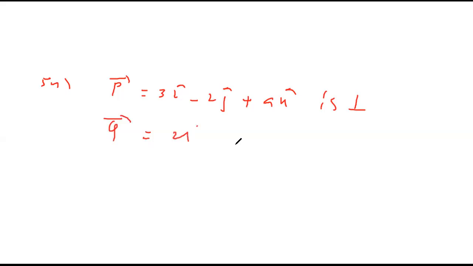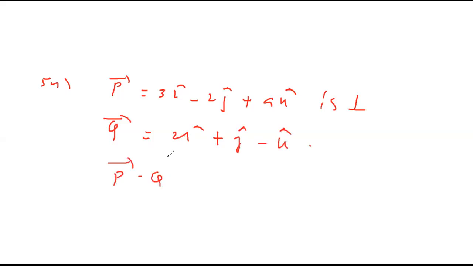54. P is given perpendicular to Q, then A is how much? Again, an important sum. Vector P bar is 3i cap minus 2j cap plus ak cap, perpendicular to Q bar, which is 2i cap plus j cap minus k cap.